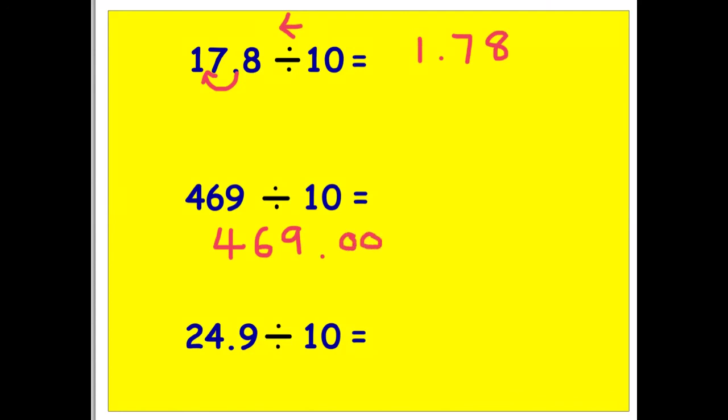So I'm moving that decimal point one place to the left. It finishes up between my 6 and my 9. Give me an answer of 46.9. And our final question, again moving our decimal point to the left once. It will finish between your 2 and your 4, giving you an answer of 2.49.